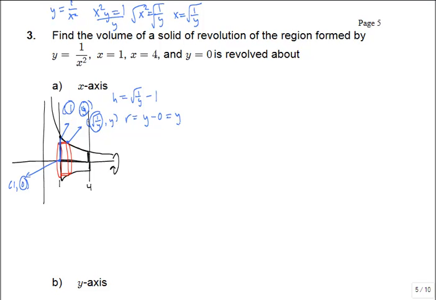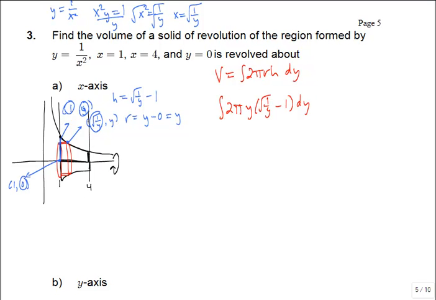So the radius would just be y. So our volume would start out with 2 pi rh dy, and so this would be 2 pi times the r, which was y, times this h, and then some bounds.